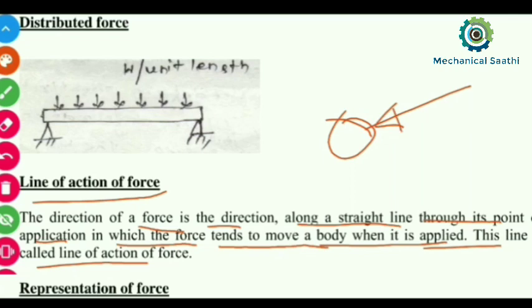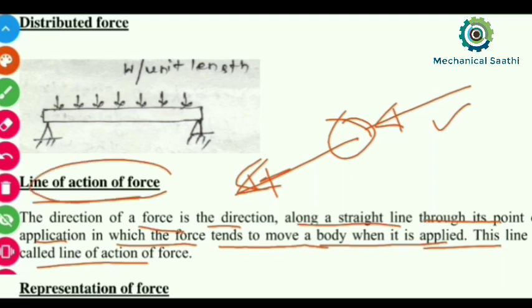Due to that, this body will tend to move in this direction. So we can say this is the line of action of this force. The line along which the body is going to move, that line is the line of action.